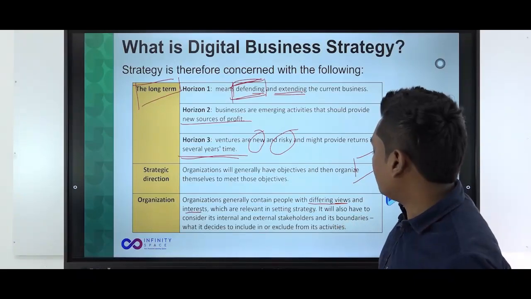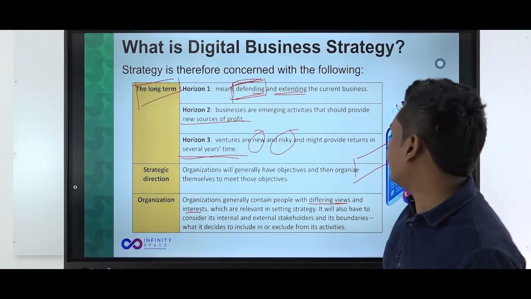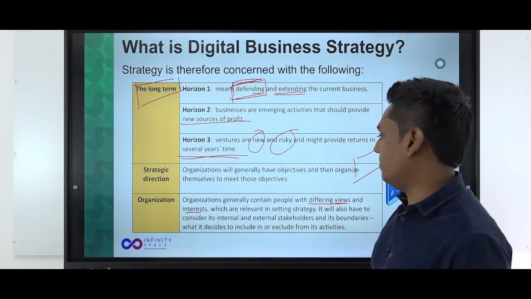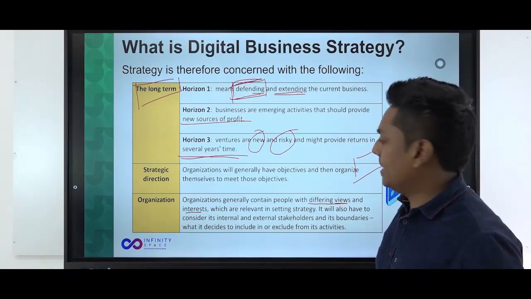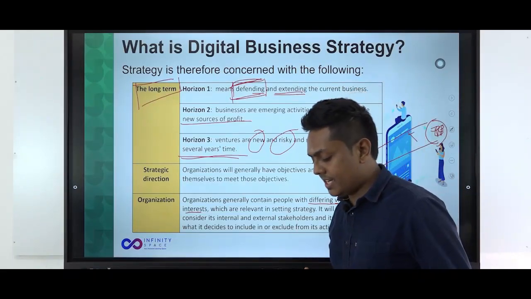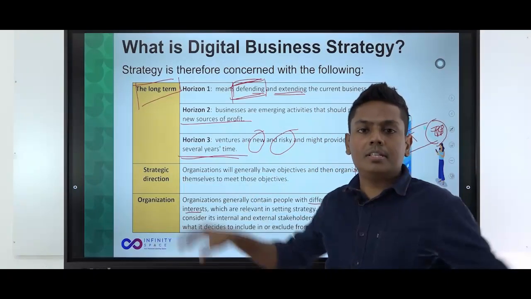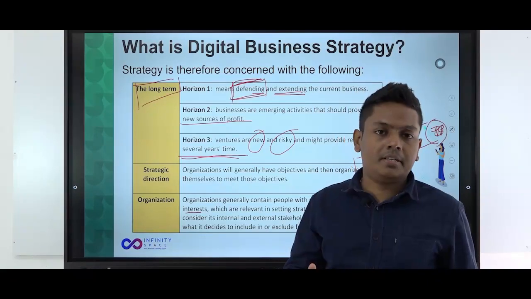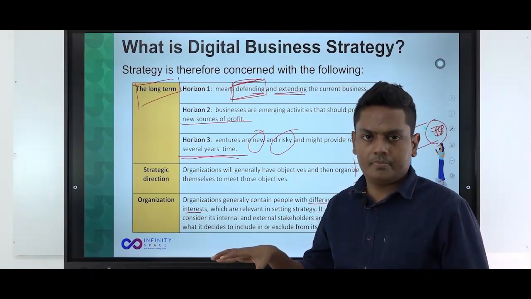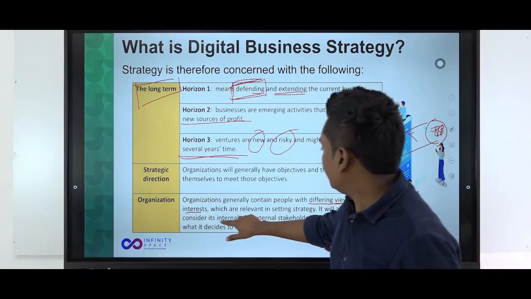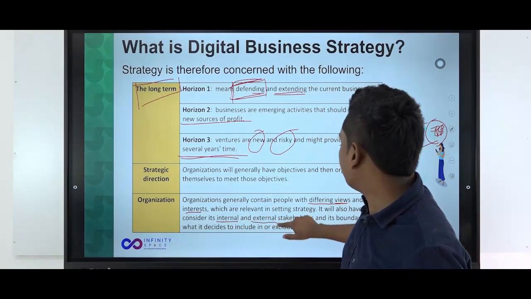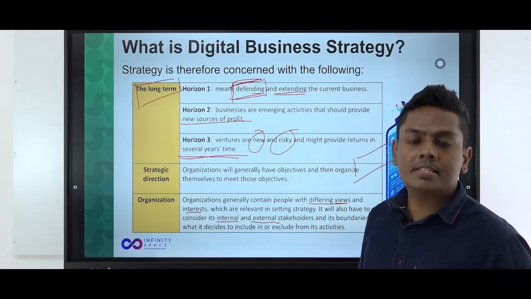It will also have to consider its internal and external stakeholders. That's why I said, when an organization sets an objective, they have to think about the surroundings. Who will be affected? Who can affect this? Right? So the internal and external stakeholders need to be discussed.